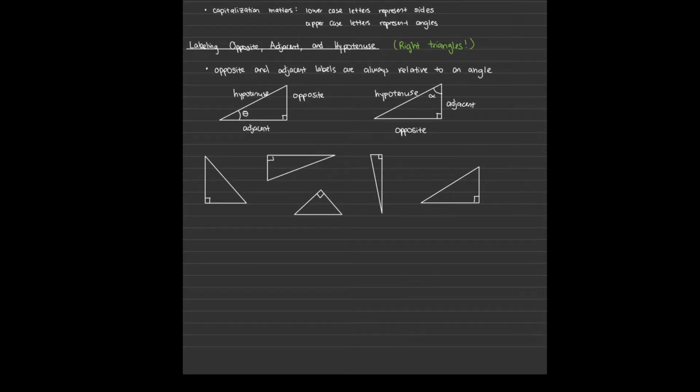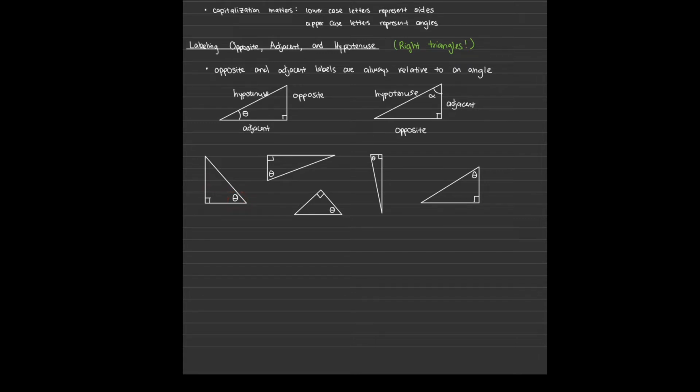So for each of these, we're just going to label the sides with O, A, and H relative to our angle theta. And so in order to do that, I need to give you an angle theta. And that theta is really just marking the angle that you have a measurement for. So if you know that this angle is 32 degrees, usually we work with that particular angle if we don't know this one. So in this case, here's my angle theta.